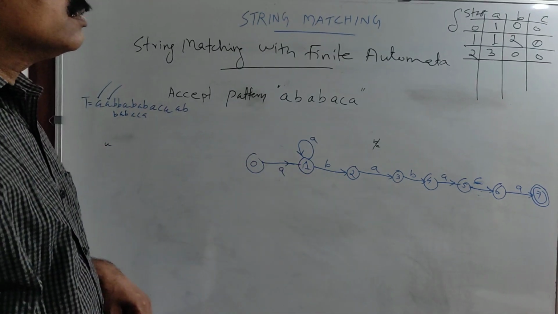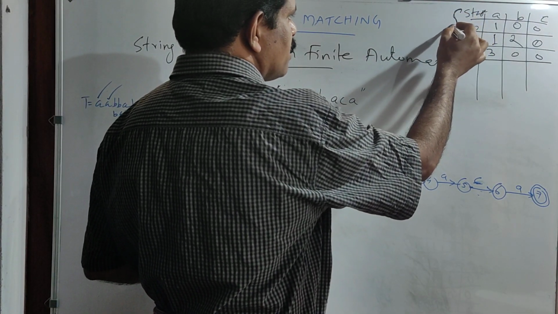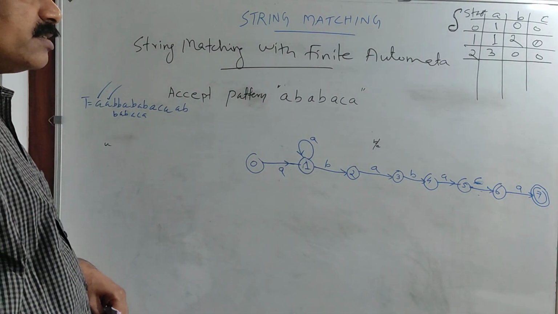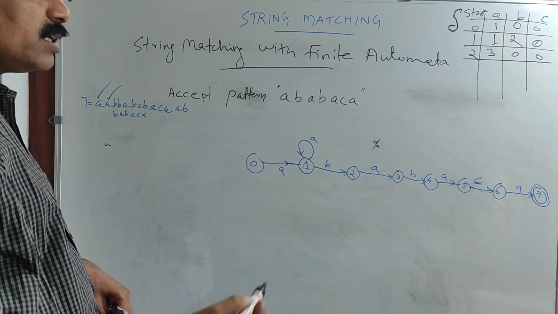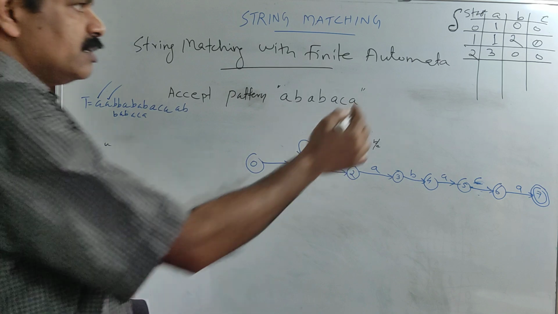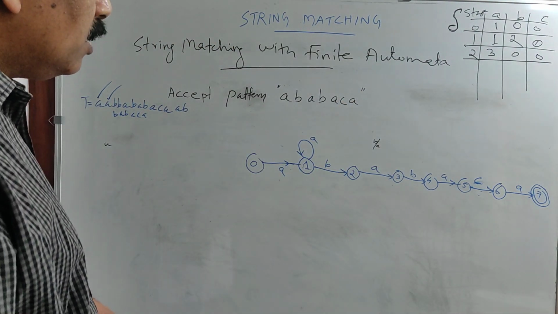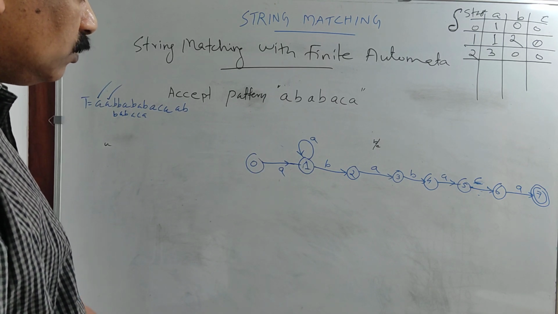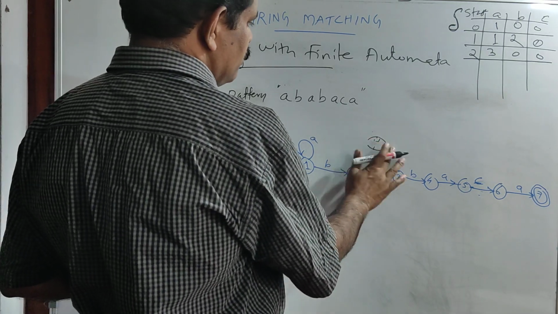So this is the transition table. It indicates from each state what the next transition is on getting a particular character. On state 2, on getting a B or C, it has to move to state 0.